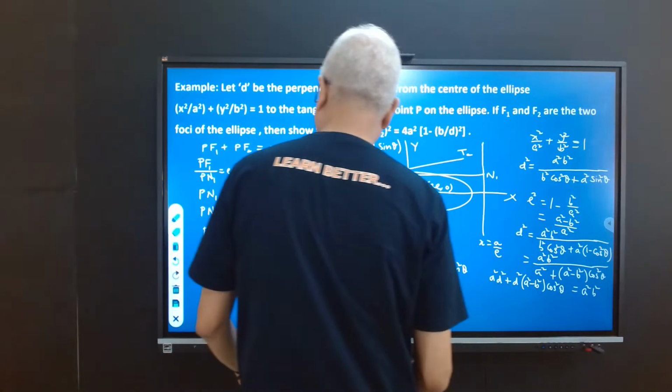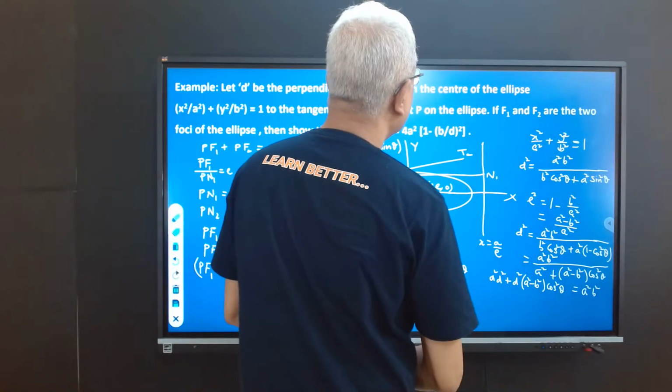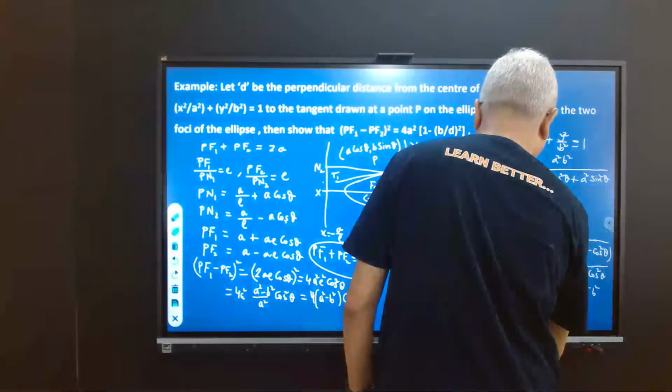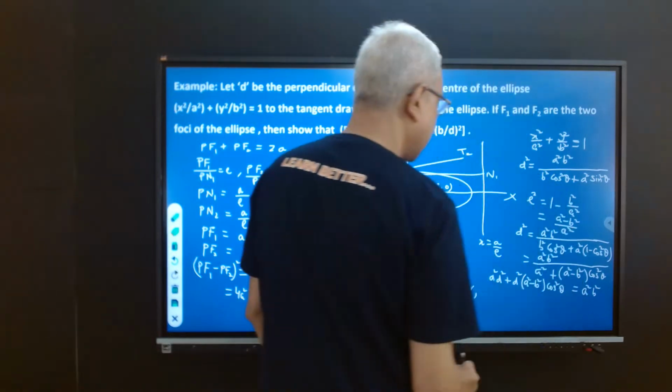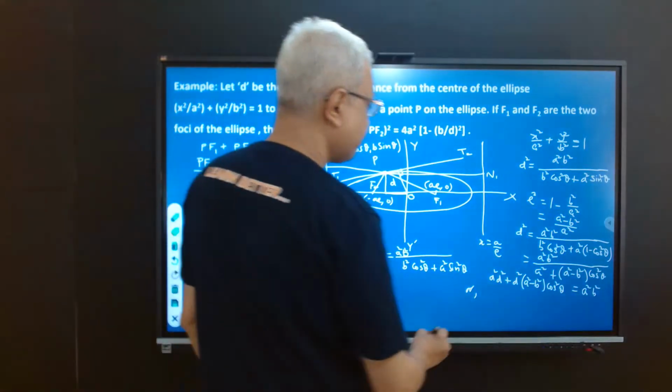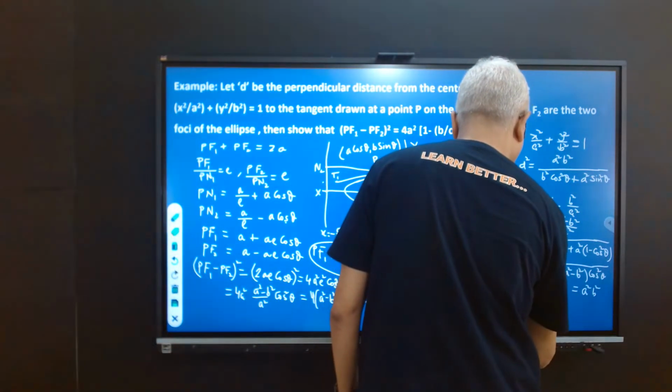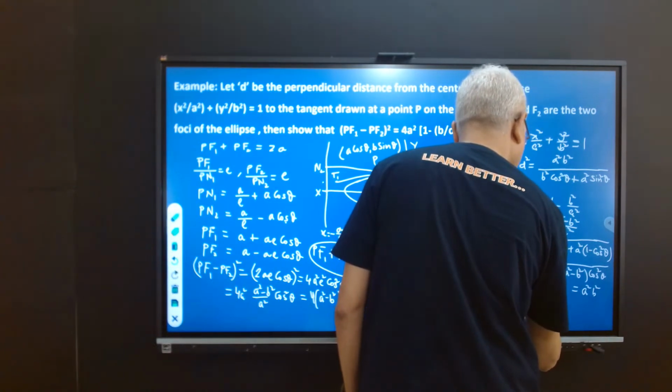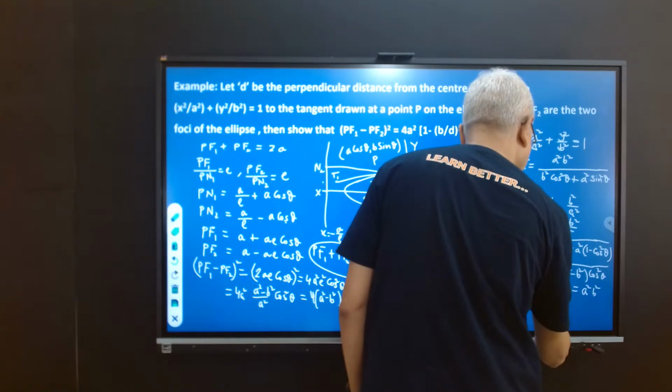What is this? Or I can write b square (a square minus b square) cos square theta.